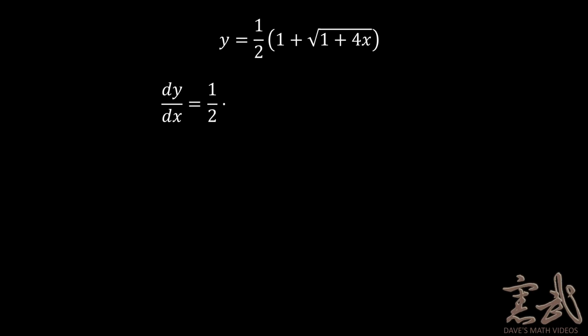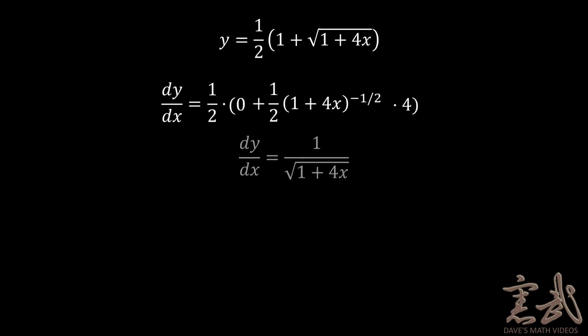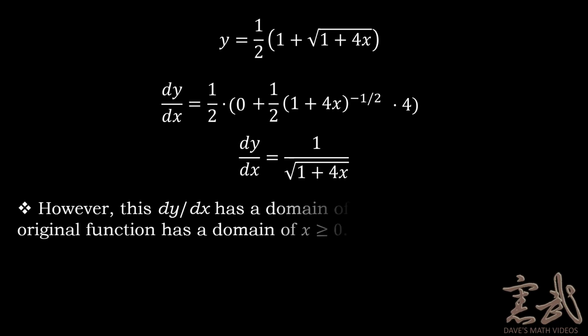So we have 1/2 times the derivative of what's inside the parentheses, which is 0, plus 1/2 times 1 plus 4x to the negative 1/2, that uses the power rule, and finally multiplied by the derivative of what's inside the radical. If we do this, we get that the derivative dy/dx is equal to 1 over the square root of the quantity 1 plus 4x.